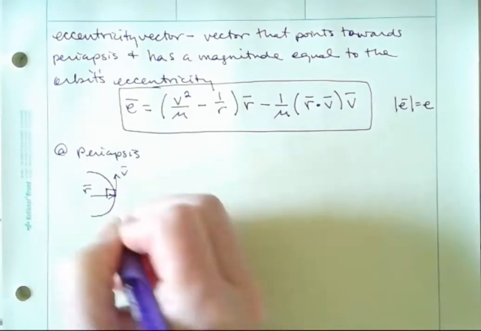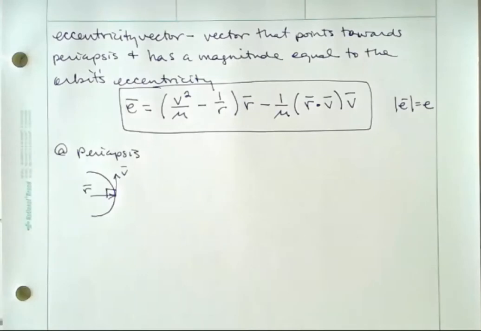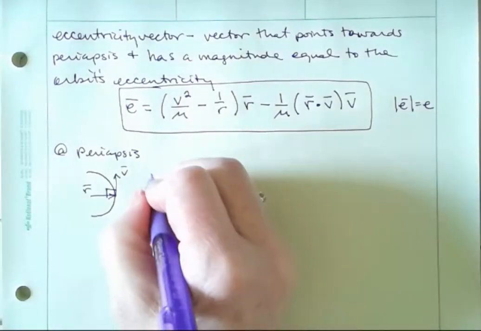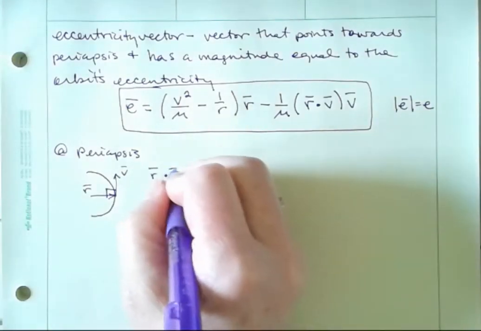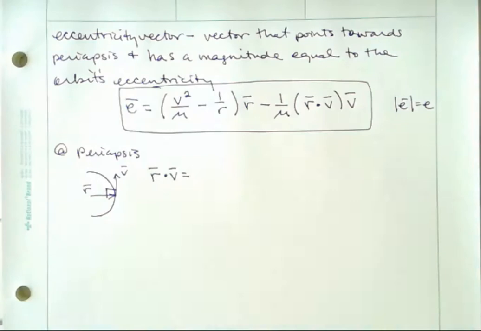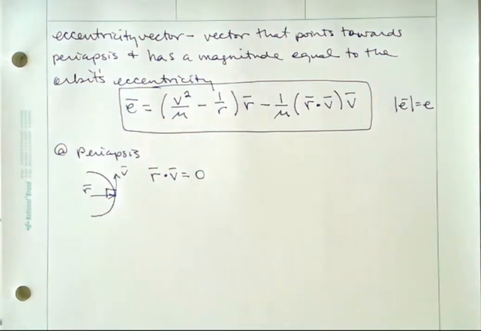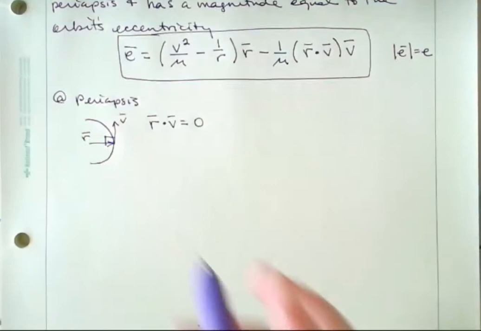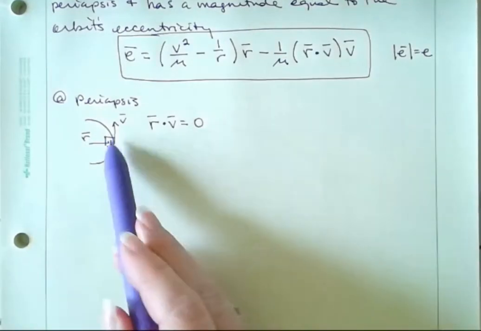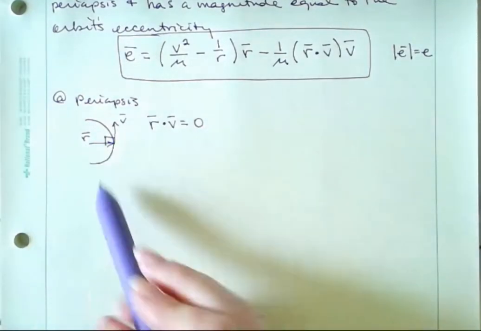And remember, at this point those two are going to be perpendicular. That means that at periapsis, R dot V is equal to 0. Normally I would have given that as homework, but you guys got out of that one. So R dot V at periapsis is 0 because these are perpendicular.